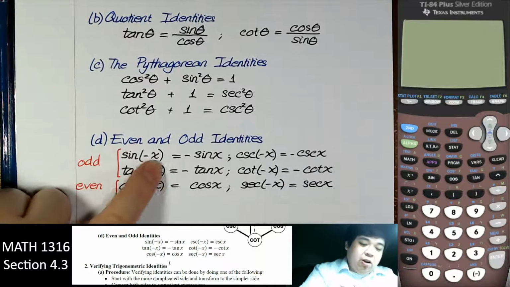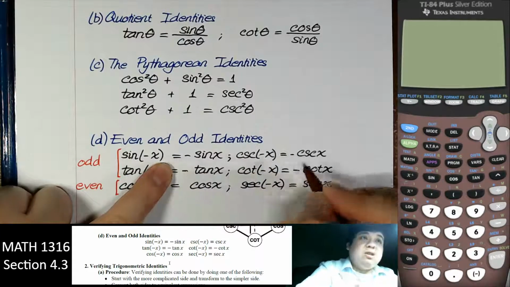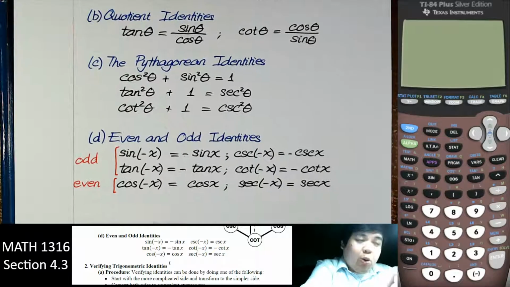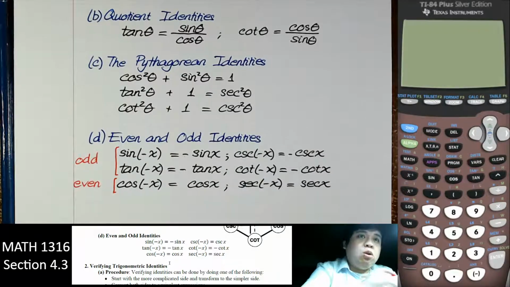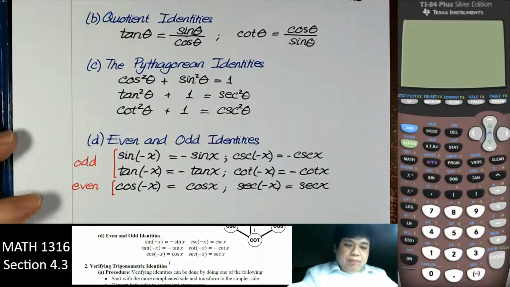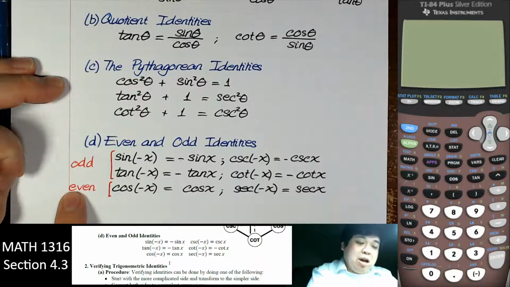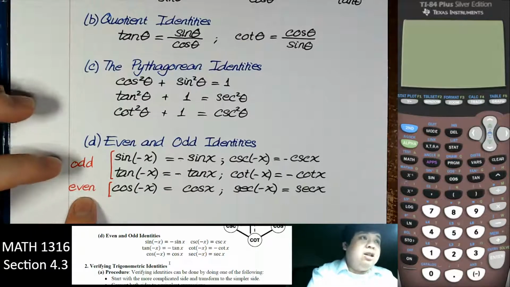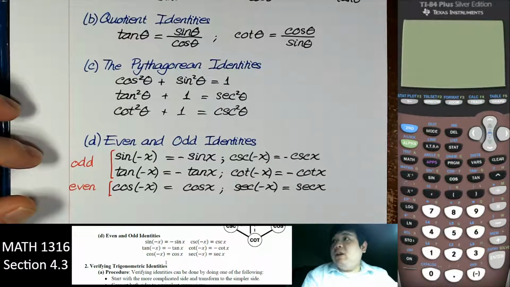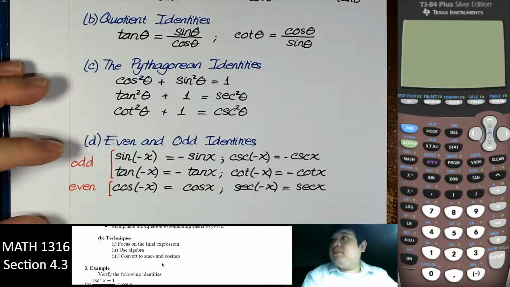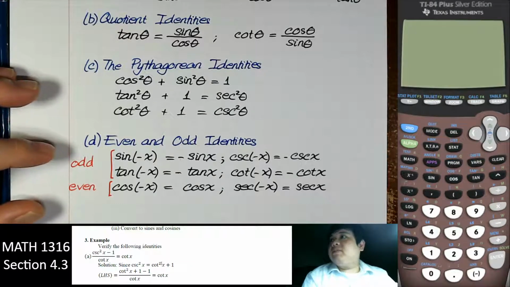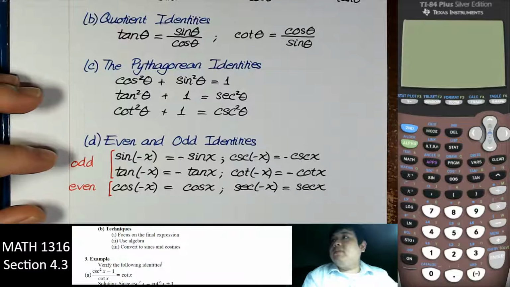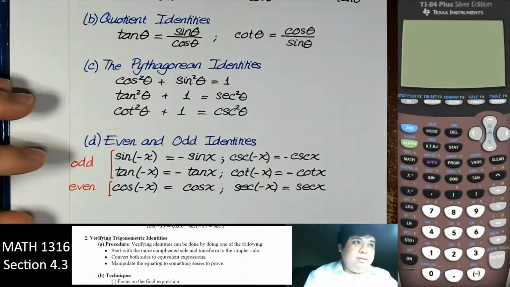The other odd functions, they have the negative sign here. So cosine and secant are even, everything else is odd. And also if it is even, it is symmetric on the y-axis, and if it is odd, it is symmetric on the origin at the point 0, 0. Right.